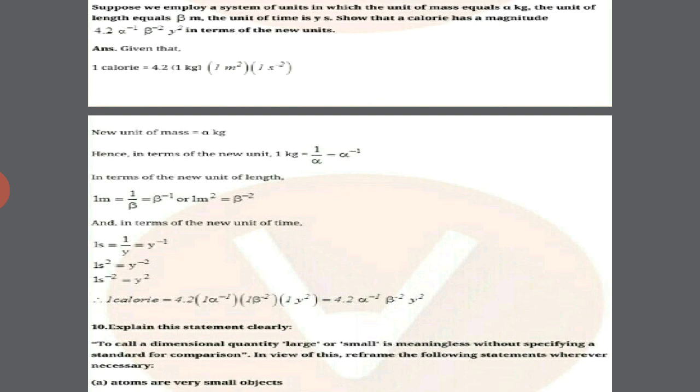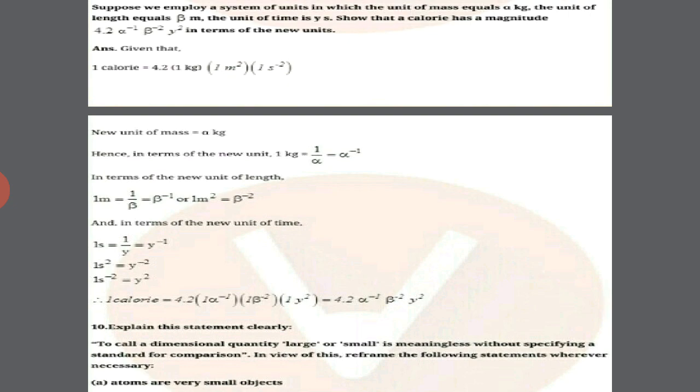And in terms of new units, 1 second inverse minus 2 will be gamma square, as the powers are reversed. In terms of calorie, put all the values, then it becomes 4.2 α⁻¹ β⁻² γ². Explain this statement clearly.